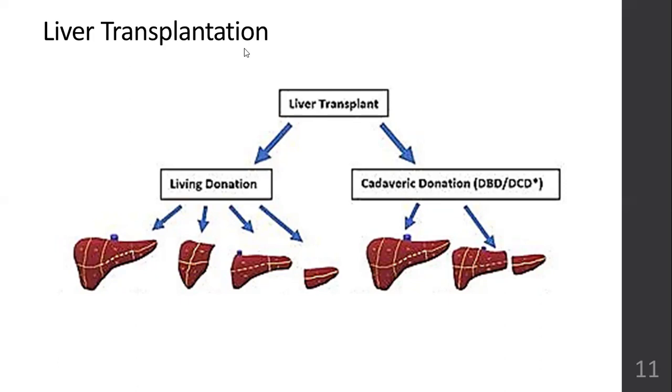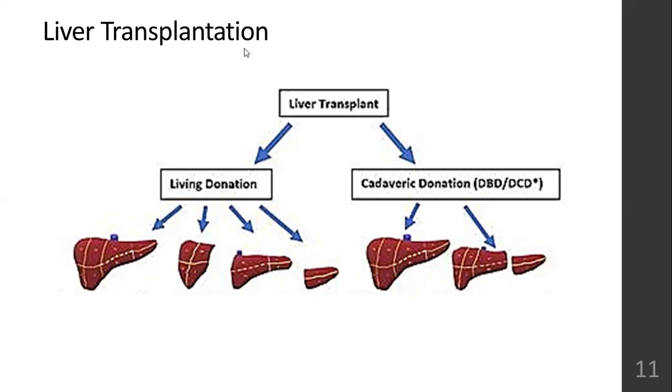Next is liver transplantation. Two types of transplantation happen, not just for liver, for any organ: living donor donation or cadaveric donation. A living donor is a person who is alive. They give a part of their liver.